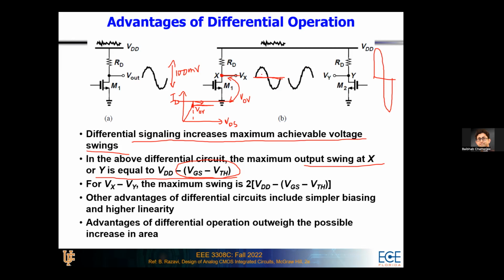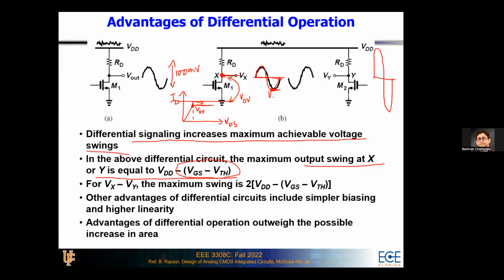There is some common mode or DC potential, and then there is an AC sine wave on top of it. What we just discussed is that the minimum voltage at point X needs to be equal to V overdrive. And when do you have the minimum voltage at point X? When this sine wave reaches its minimum point. So even when the sine wave reaches the minimum point, it has to be at least equal to V overdrive, at least equal to VGS minus VTH.